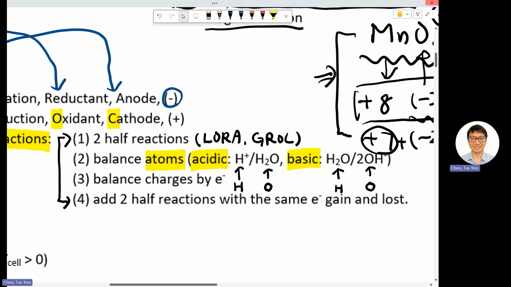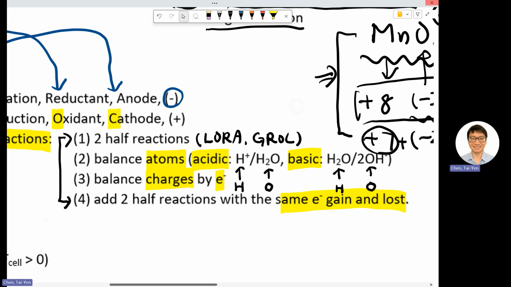Once we balance all the atoms, we need to balance the charges of these two half reactions by using electrons. The very last step is to make sure the two half reactions have the same electron gain and loss. Once we achieve that, we just add up these two half reactions to get the balanced redox reaction.